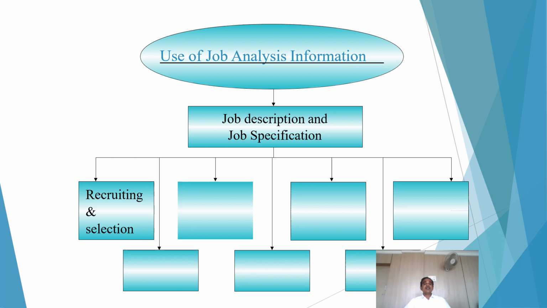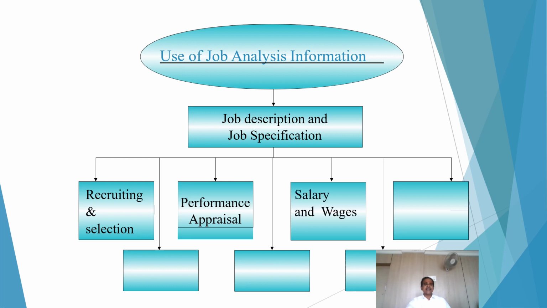The role description and the qualities required to complete that role are essential while we are going for recruiting and selection. Then performance appraisal. Again, for performance appraisal, we need role and role-related information, and also the quality of people required to perform that particular job.